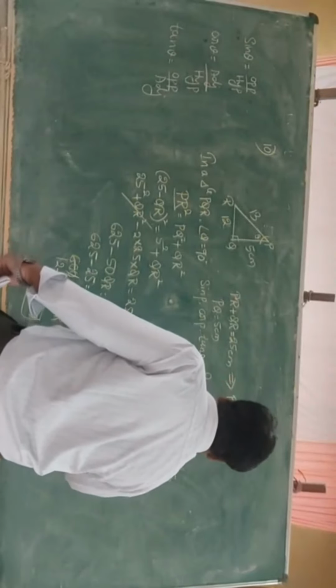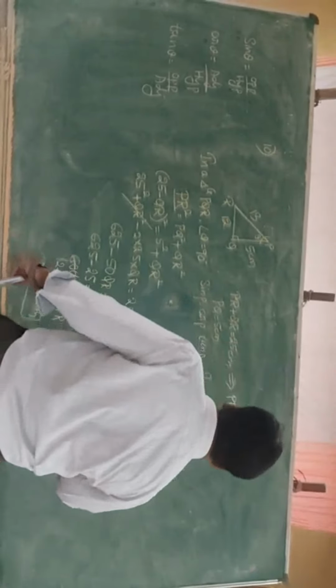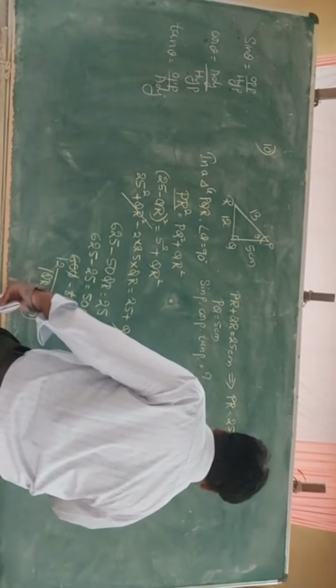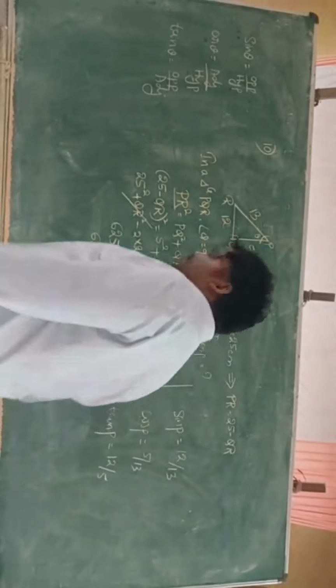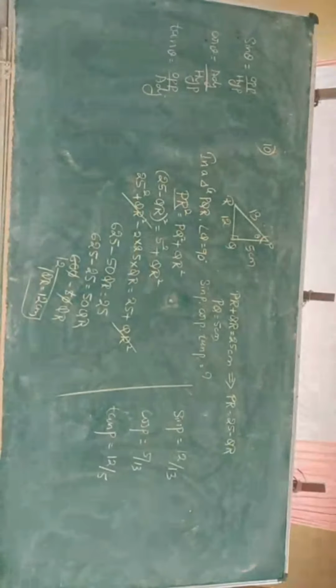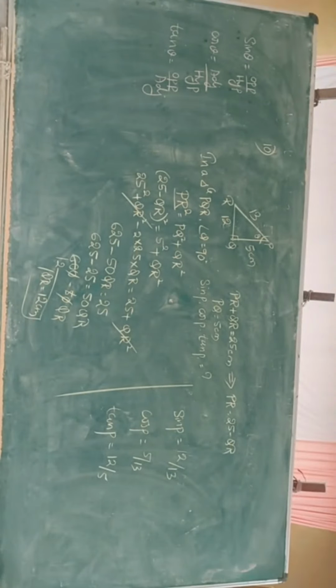Tan P is opposite upon adjacent, that is 12 upon 5. Check in the answer sheet. Am I right? Yes.